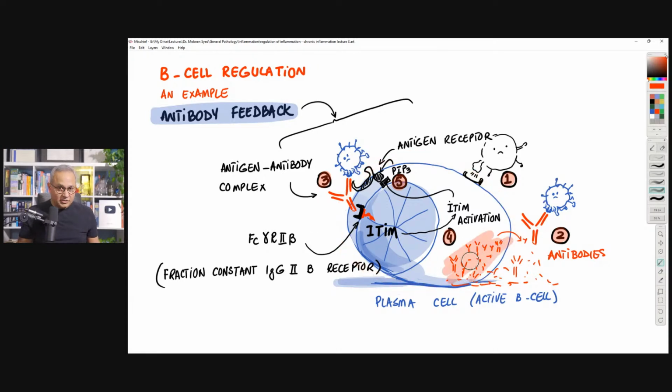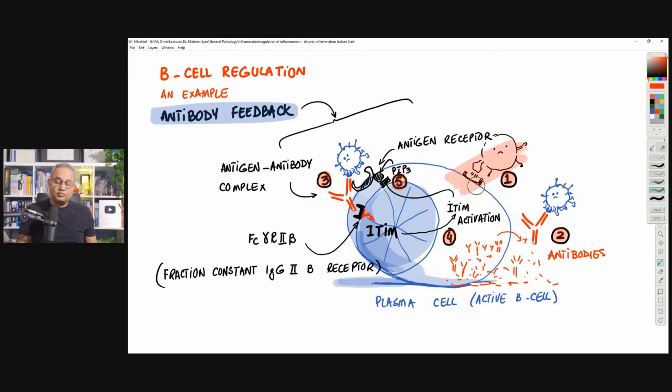So there are antibodies. So we know that when a B cell becomes active, how does it become active? Let's start from here. An antigen, let's say SARS-CoV-2 or a streptococcus or a staphylococcus or adenovirus, something. When an antigen comes in and attaches to the immune cells, it attaches to almost all kinds of cells, including B cells.